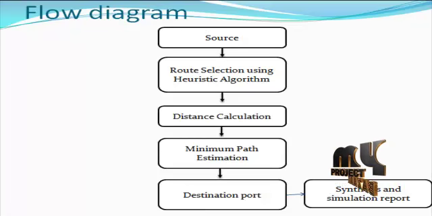Then we calculate the minimum distance for the source to destination path, identify the minimum path estimation, and calculate the synthesis and simulation report for the overall architecture. These results then give the final output for our source to destination data transfer using the distance-based calculation for a graph-based algorithm to minimize the total wire length in channel VLSI routing methodology.